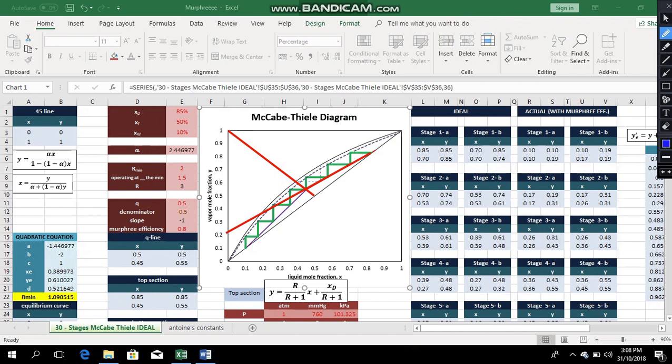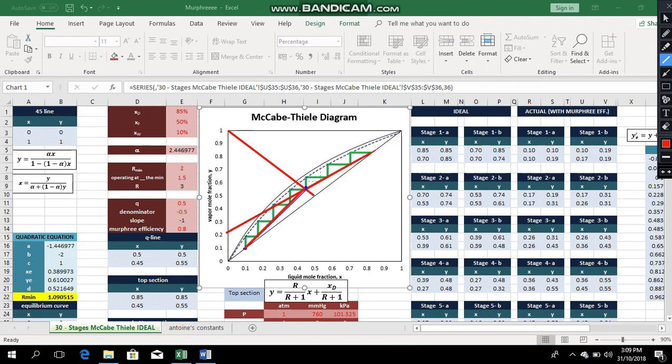This point of intersection here in between, this point of intersection, we will connect that to the point of the mole fraction of benzene in the bottom. Here 0.1 and 0.1. This line is the operating line of the stripping section.